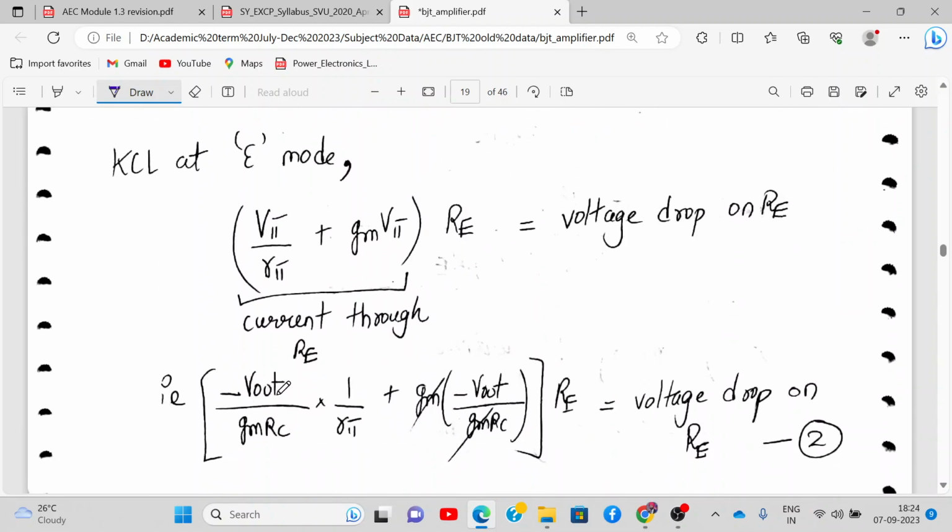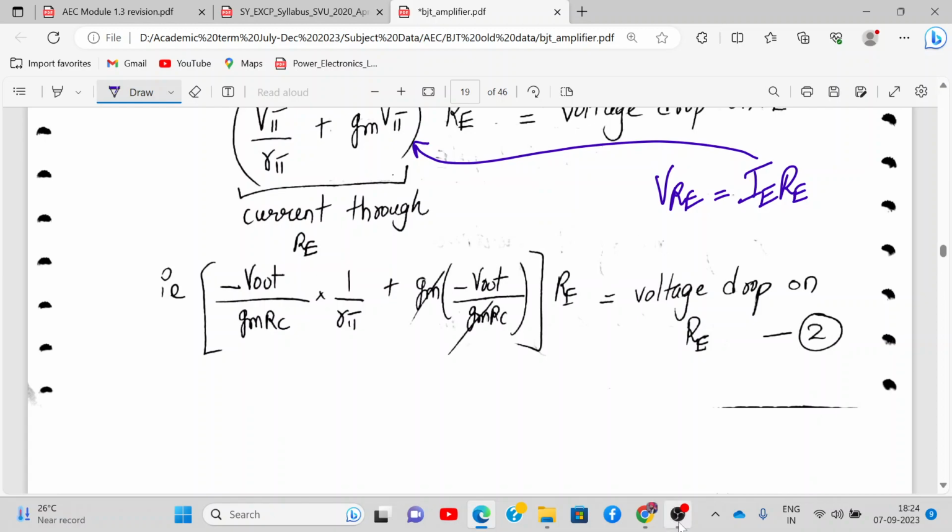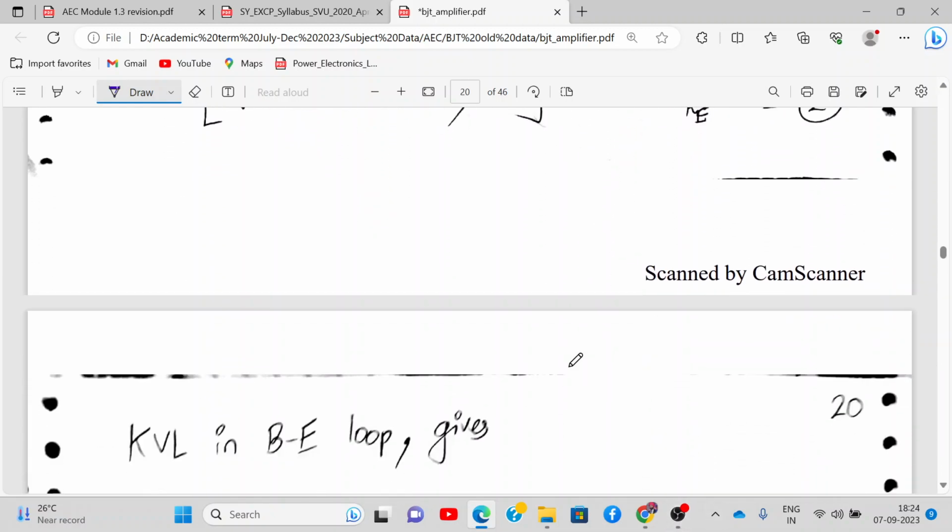V pi is minus V out upon GMRC, into 1 upon R pi plus GM into minus V out upon GMRC, and that is equal to the voltage drop on RE, VRE actually. We have written VRE is IE into RE, and this is IE.